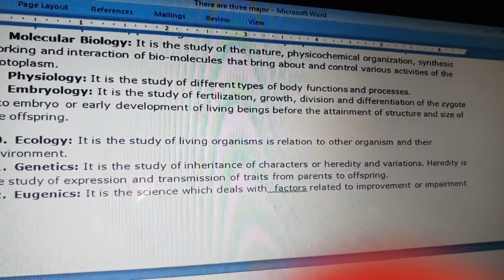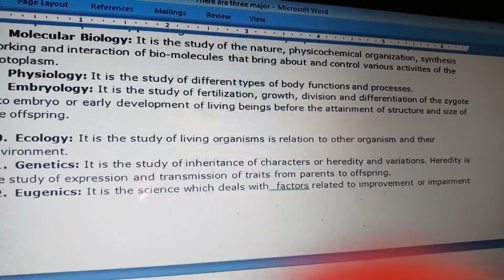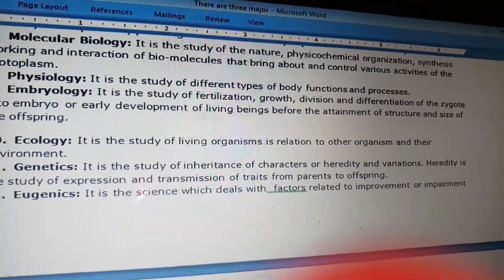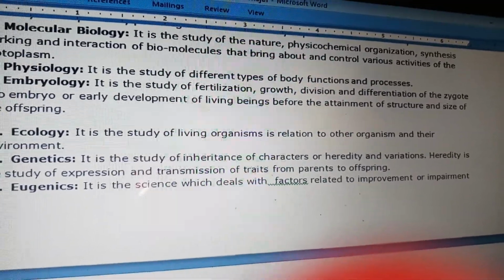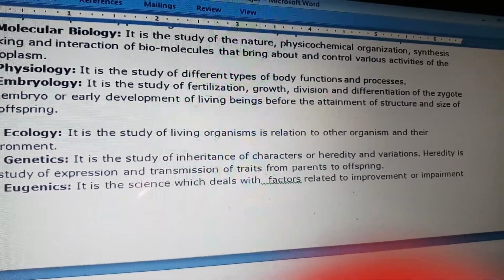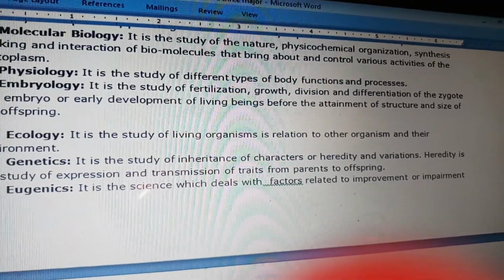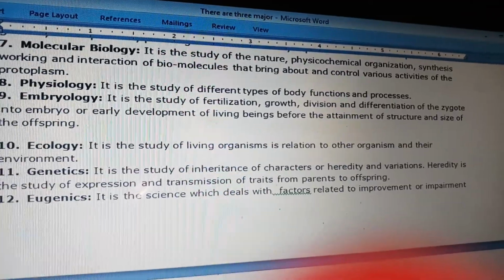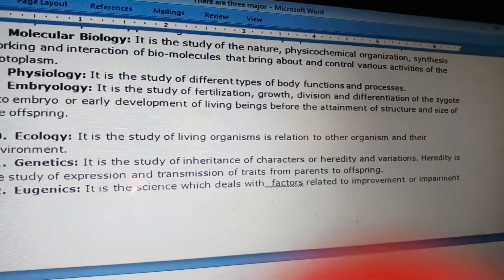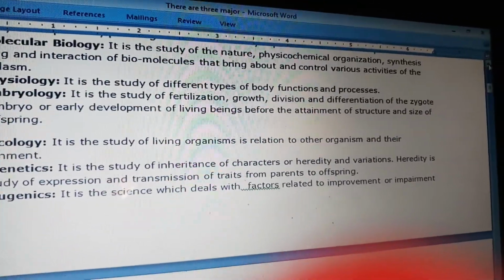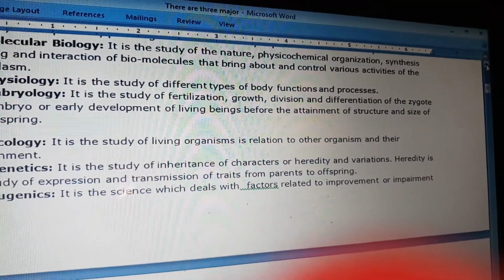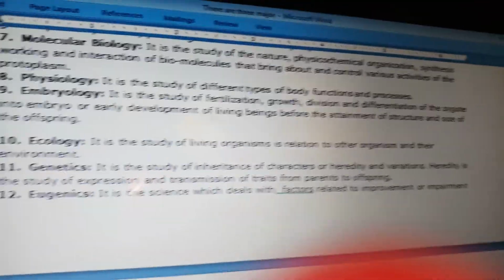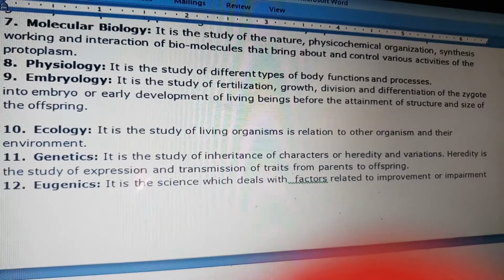Biomolecules we will be studying like proteins, carbohydrates, right? So, biomolecules that bring about and control various activities of the protoplasm.